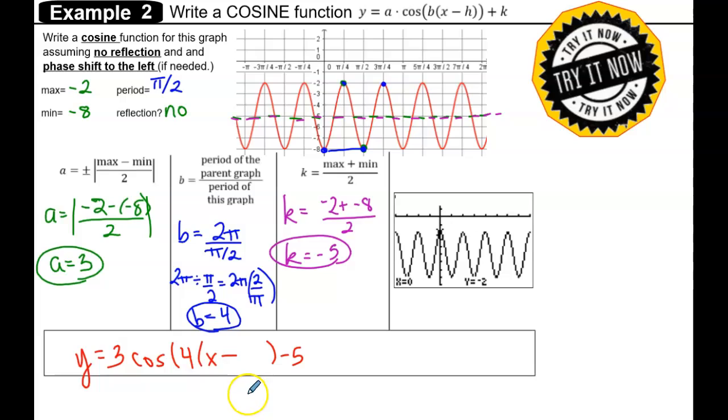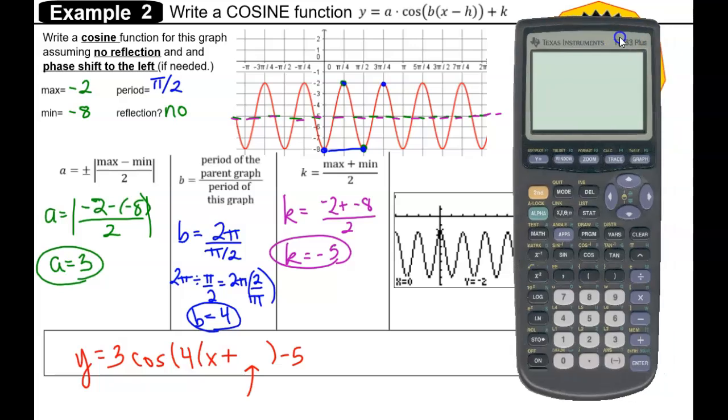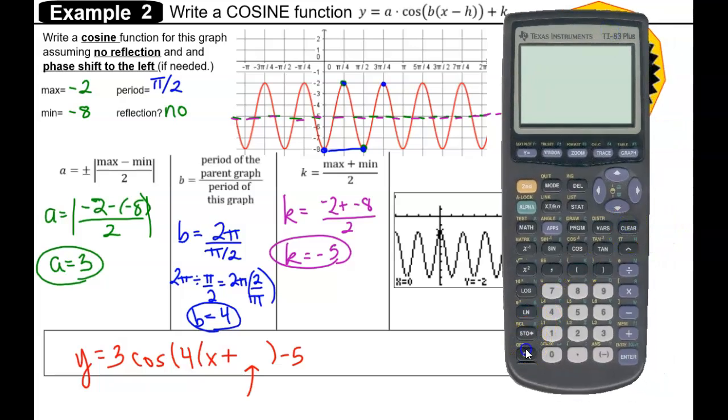So we're looking to see what the h would need to be. And since it tells us that any phase shift would be to the left, we're going to make that a plus, because our phase shift would have to be x plus the value to go to the left. So let's pull up our calculator, and we'll enter in the equation that we just wrote, 3 cosine of the quantity 4x minus 5.